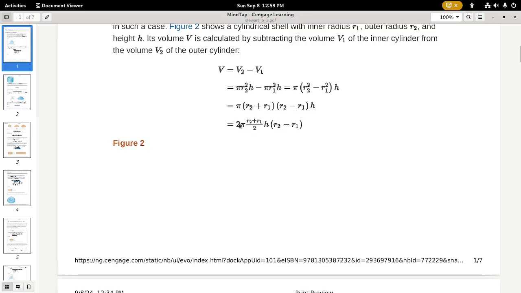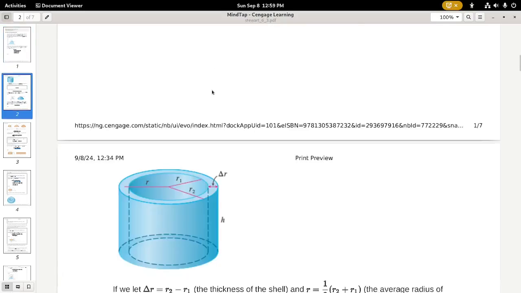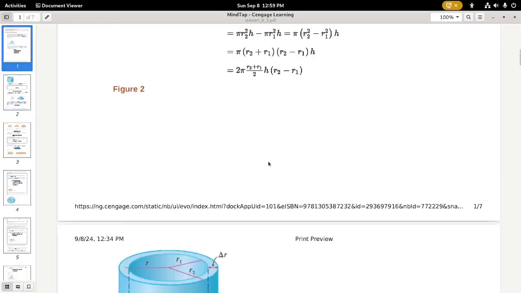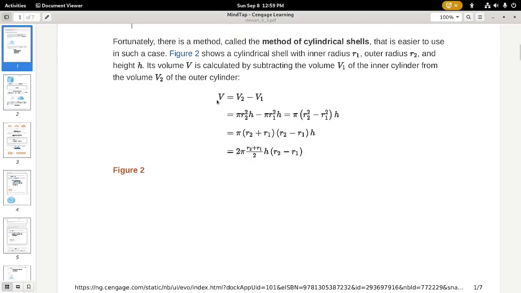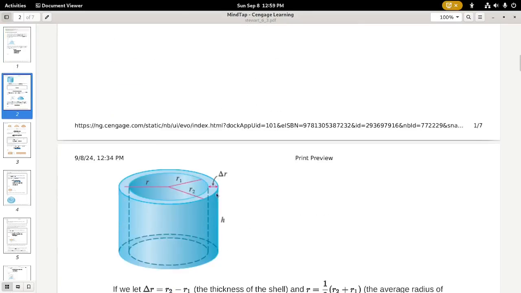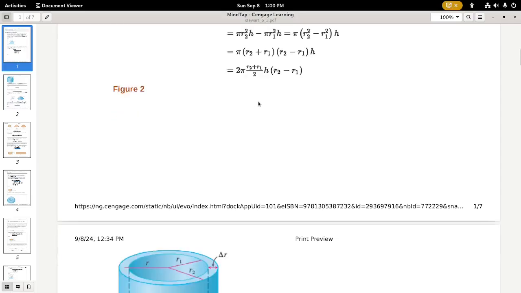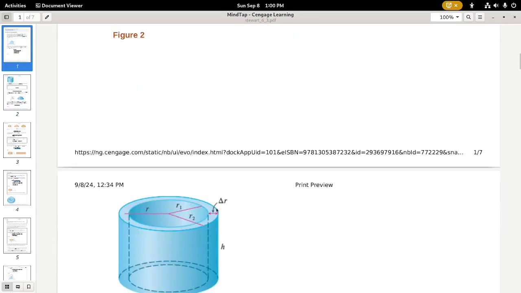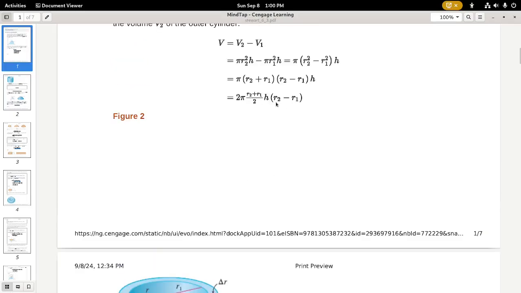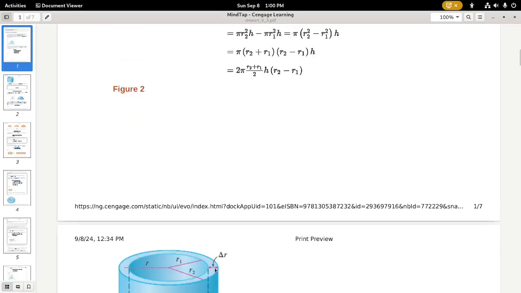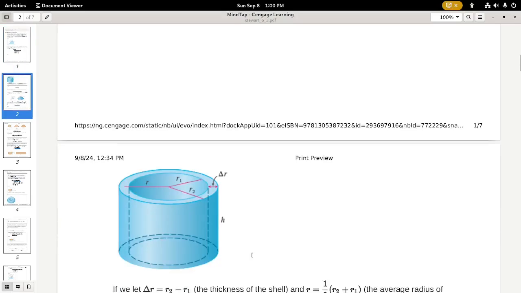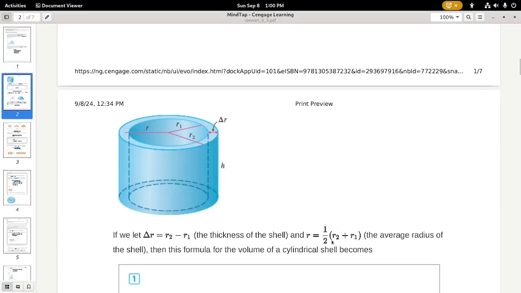And then we'll go ahead and multiply and divide by 2 here, so that the volume of this cylindrical shell that we're computing can be written as 2 pi times this quantity here, which is the average of the two radii, times the height of the cylinder, and then R2 minus R1 is the difference in the two radii.